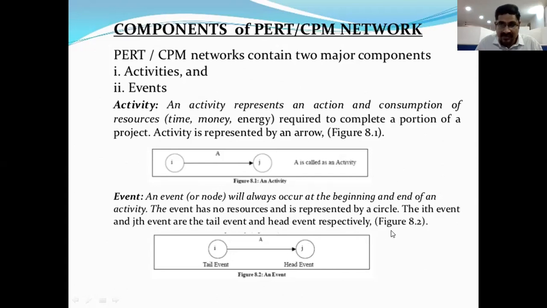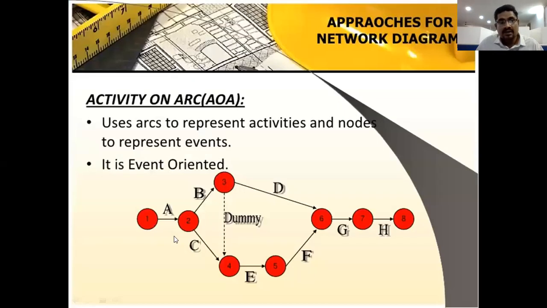In this example, the ith event is called the tail event. The beginning event is called the tail event, and the end event is called the head event. So here the jth event is the head event. Next, AOA, which we already discussed in the previous class. AOA means activity on arc, where the name of the activity is written on the arc or arrow.